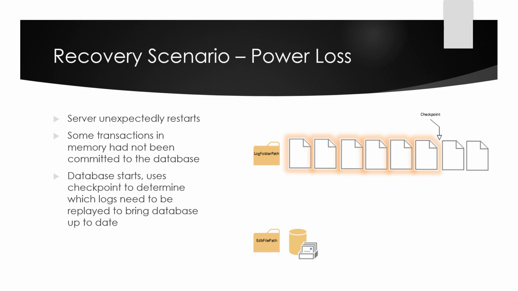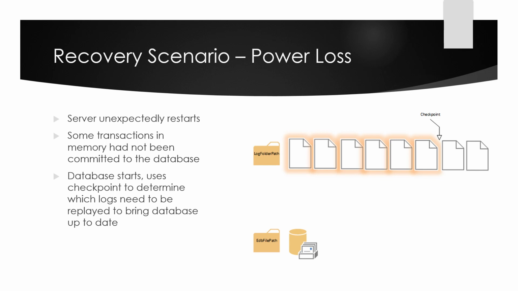So let's consider the first recovery scenario, power loss on the server. The server has had an unexpected power loss, it's restarted, and because the database was not able to cleanly shut down, there were transactions in memory that had not been committed to the database. However, those transactions had been written to the transaction log files.